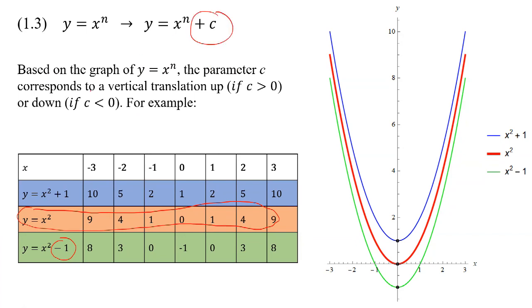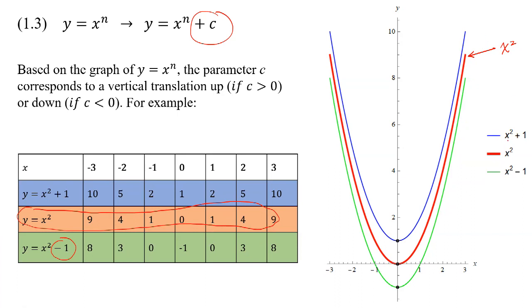So in conclusion, based on the graph of y equals x to the power of n, the parameter c here corresponds to a vertical translation up if c is a positive value, or down if c is a negative value, right? Okay, so if we illustrate this by a graph, as you can see here, the red curve corresponds to the original function y equals x to the power of 2.